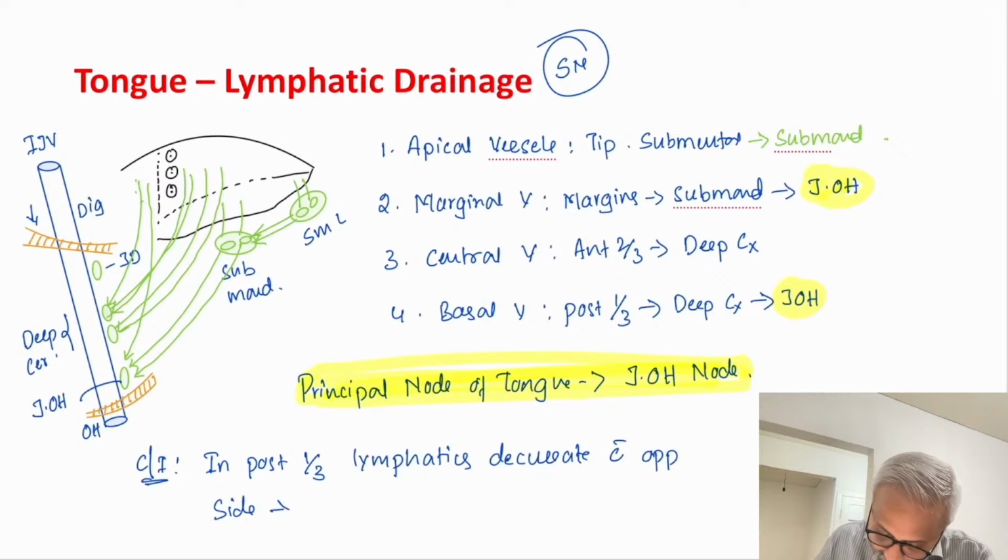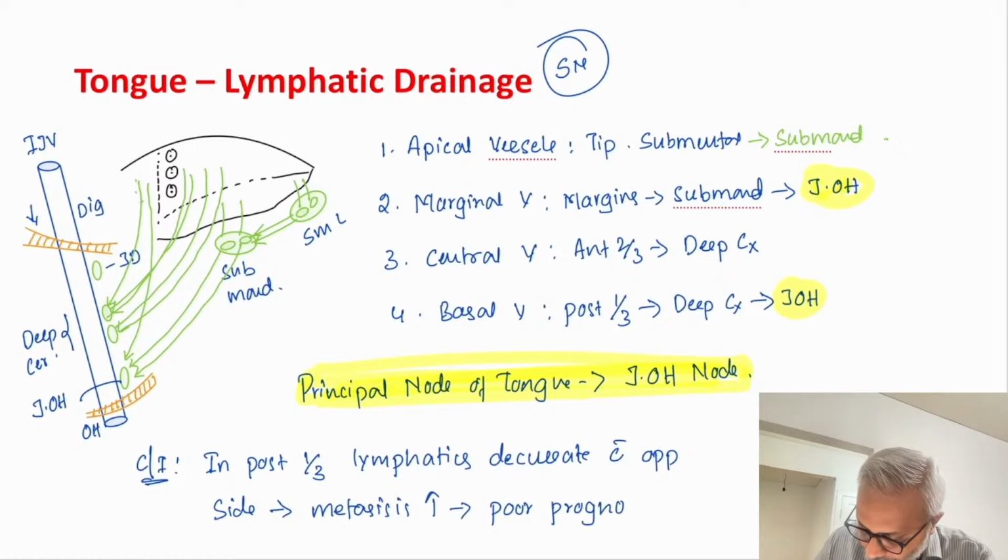Because of this, metastasis is more, and carcinoma of the posterior 1/3 usually has a poor prognosis. In the anterior 2/3 of the tongue, the lymphatics do not cross, but in the posterior 1/3, the lymphatics freely cross across the midline. This could be one of the factors which favor the spread of carcinoma.